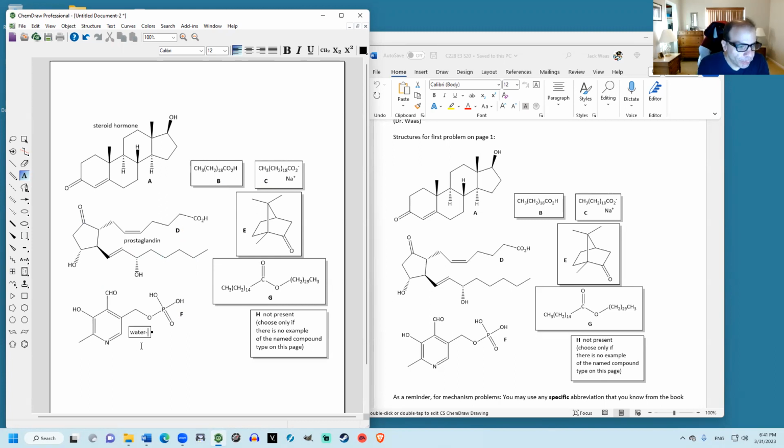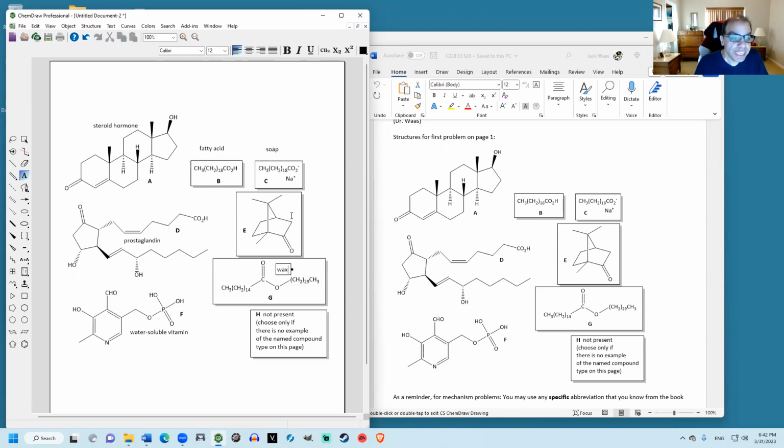This is a water-soluble vitamin. Up here, you've just got a long-chain carboxylic acid, which is a fatty acid. Over here is a soap. This is a wax. H was not used on this exam.